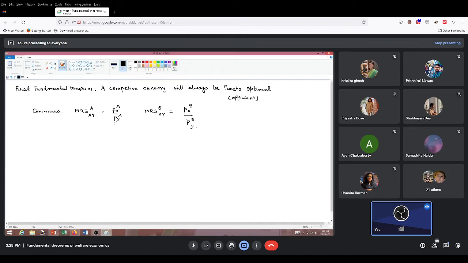Now, when are the price ratios different? When is PA not equal to PB?